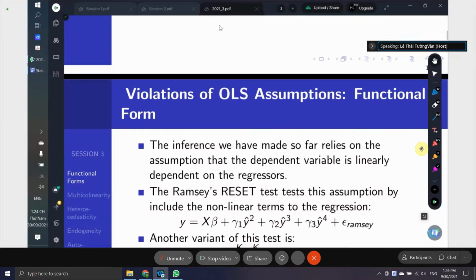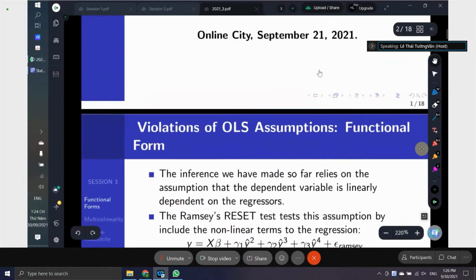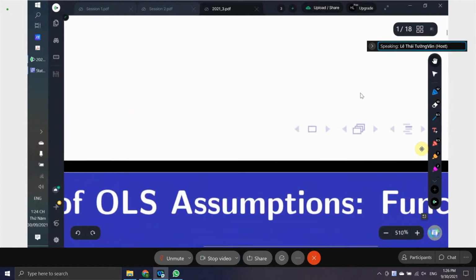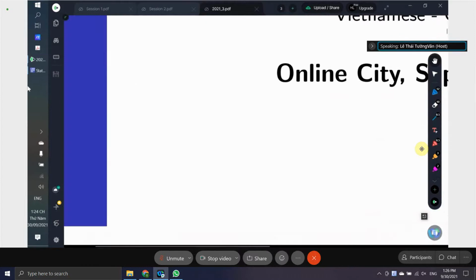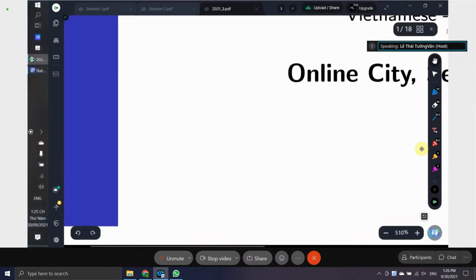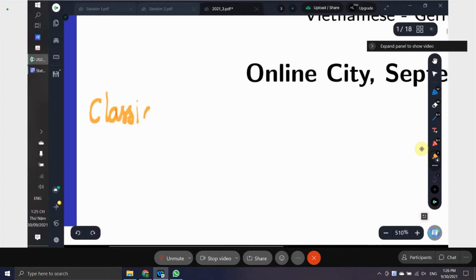more advanced. Now, we have 6 assumptions of the OLS model. Another name for those assumptions is the so-called classical regression model.